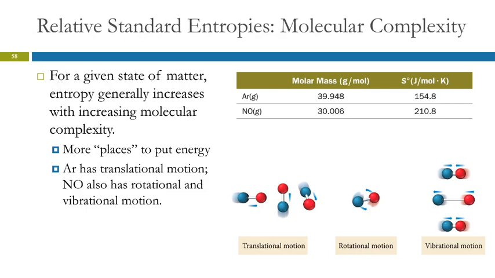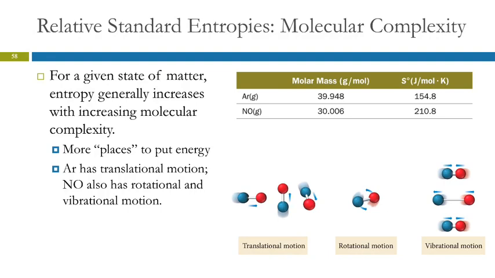So why is that? Well, both of these have translational motion, right? They're both moving through space. They both have rotational motion, revolving, spinning in place. But nitrogen monoxide also has vibrational motion where the atoms in the molecule can move away from each other and closer together.